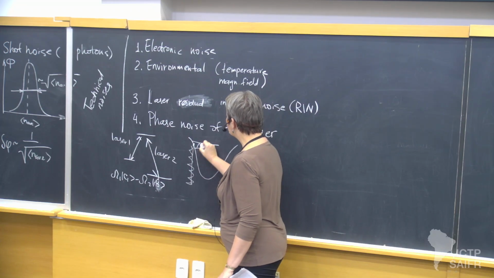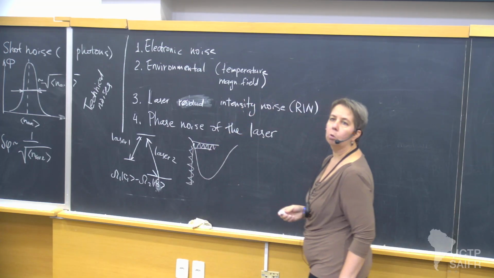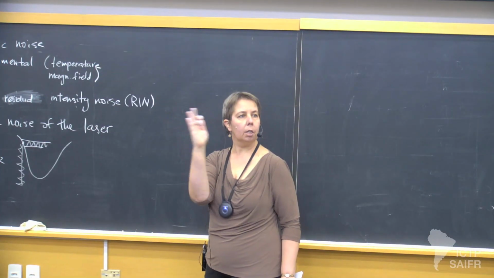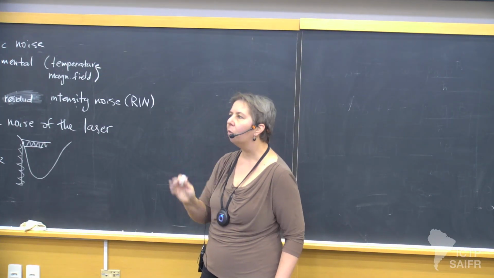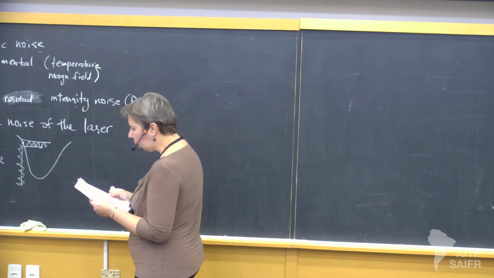That can be transferred into amplitude noise at the end, because if the frequency of your laser changes a little bit, you're going to move around in your resonance, and that is not a good thing.